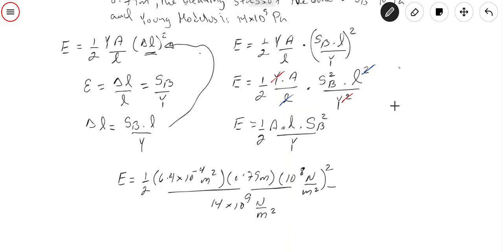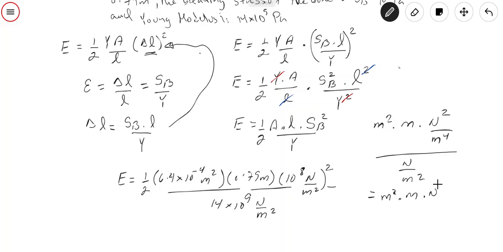Let me do now a dimensional analysis here very quick. We have the area in meters squared. We have the length in meters. We have the square of the breaking stress. So this would be Newton squared over meter squared is meters to the fourth power. All these divided by newtons over meter squared. Let me flip and multiply by this expression so we get meter squared times meter times Newton squared over meter to the fourth power times meter squared over Newton.